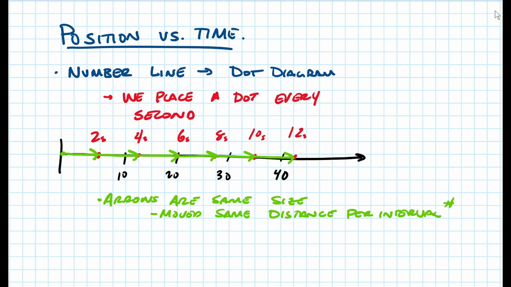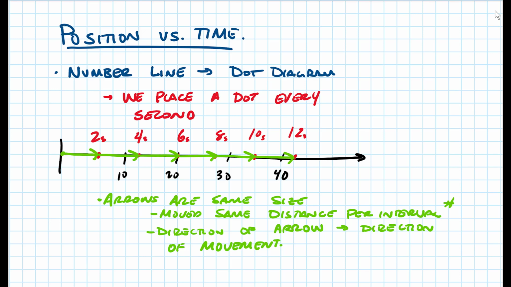And we're going to talk about what that means in a second. But that's kind of what the arrows are indicating. And then the direction of the arrow is your direction of movement. Those are the things that the arrows tell us.